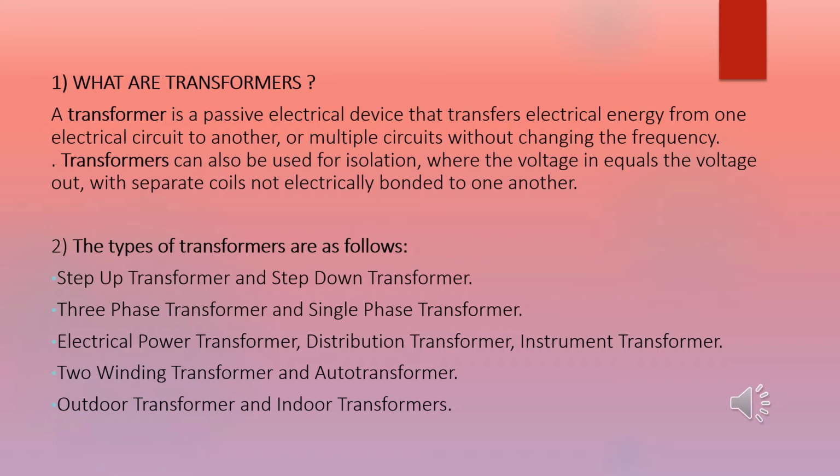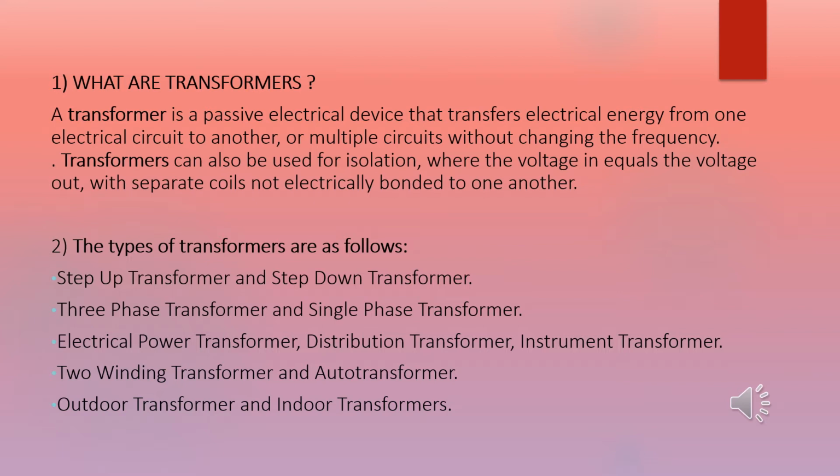The transformation that is being done will have no change in frequency, meaning the input frequency of the electrical circuit on the input side of the transformer will be the same as the output frequency on the output of the transformer. Transformers can also be used for isolation.